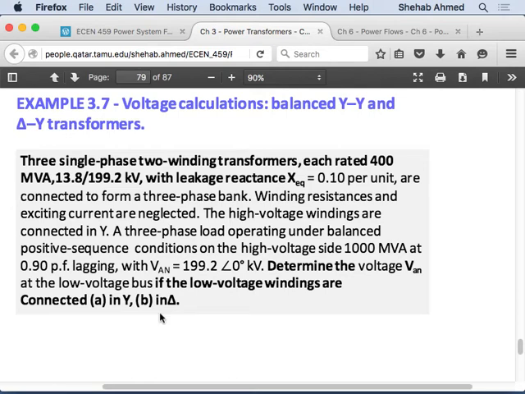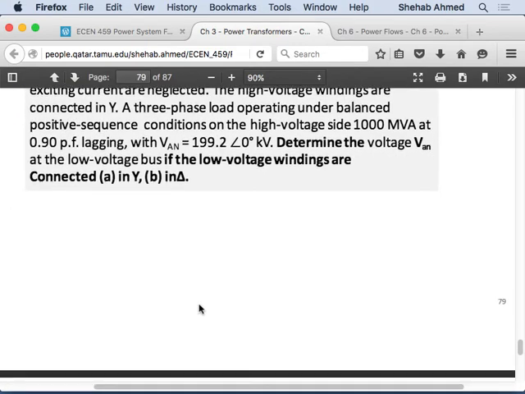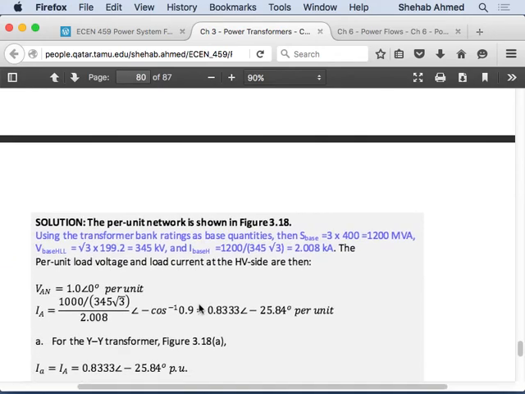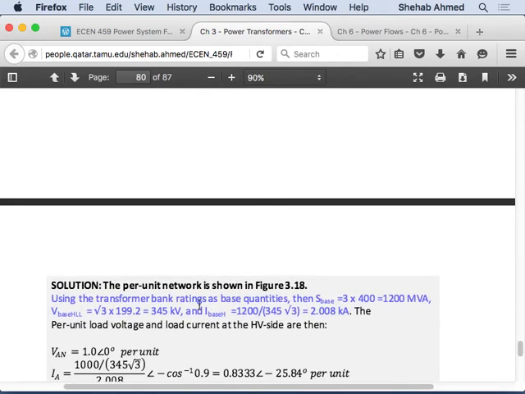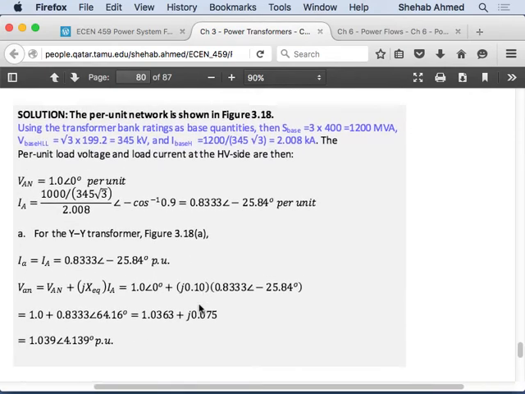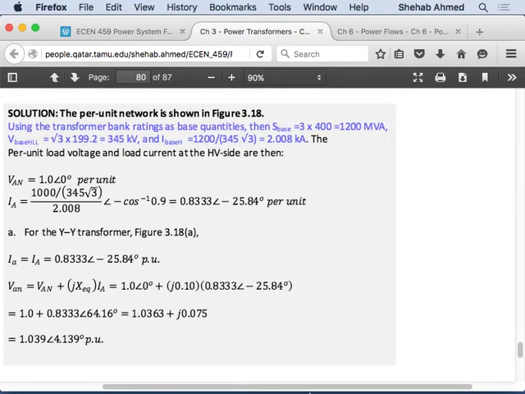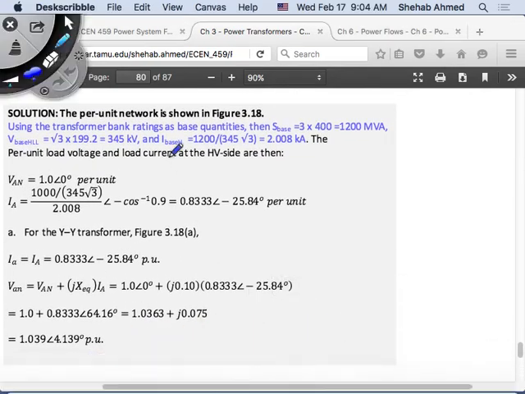Of course they complicated it when they added the delta. But okay, let's see what we are going to do. Let us draw the problem, the givens.